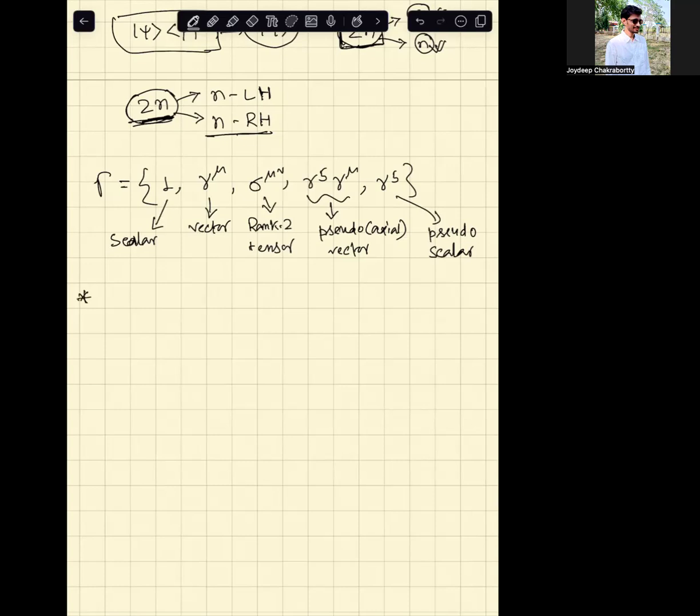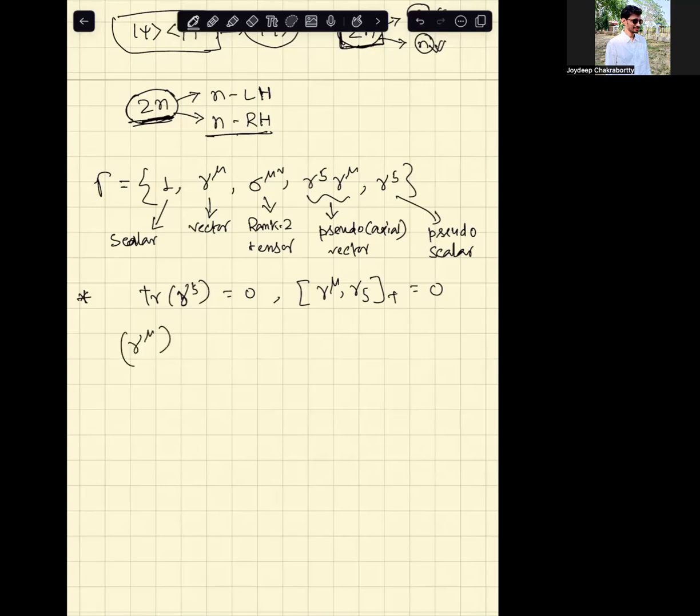Another important property of gamma 5 is that the trace of gamma 5 is 0, and it also anti-commutes with all the gamma matrices. Now, when we talk about any operator or any term, we know our Lagrangian is to be Hermitian. So we need to know how these gamma matrices transform under Hermitian conjugation.